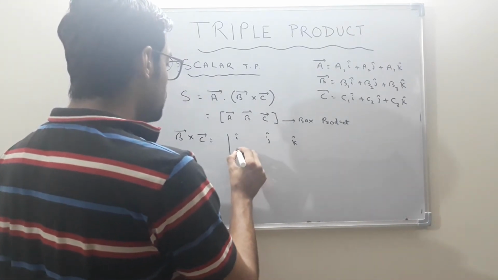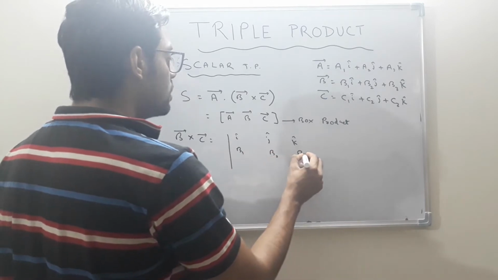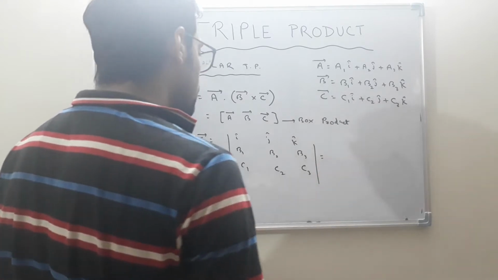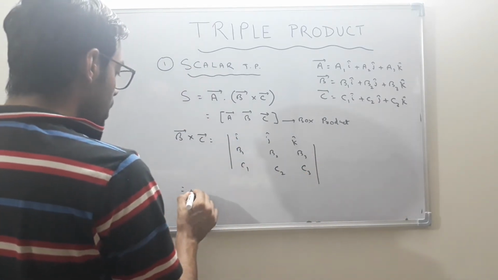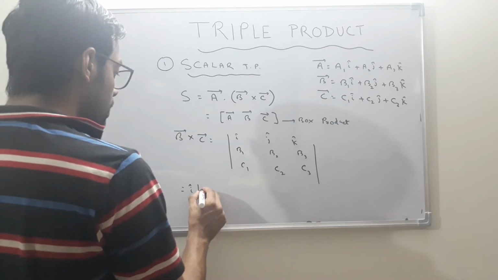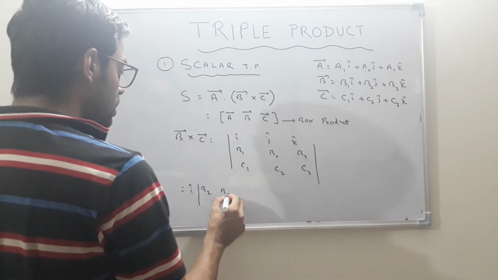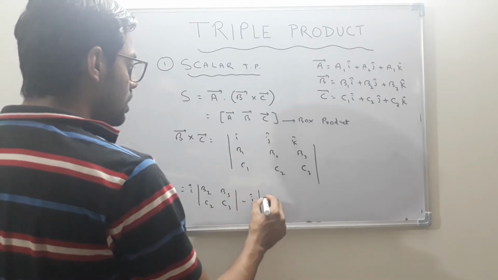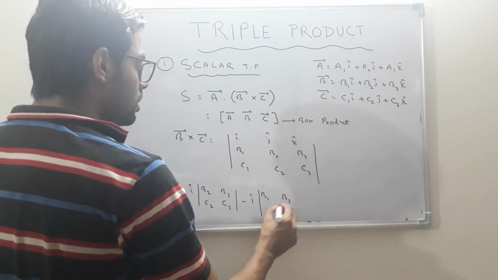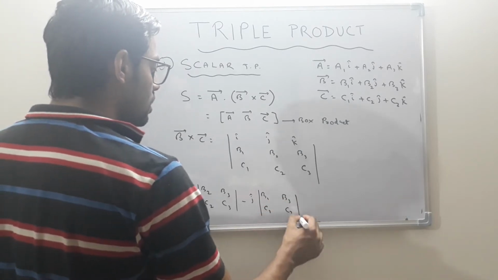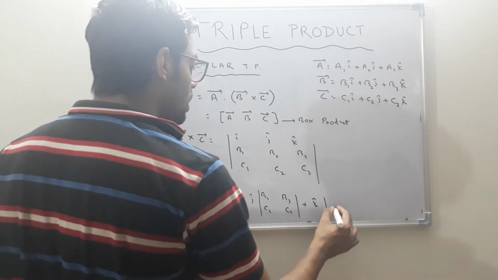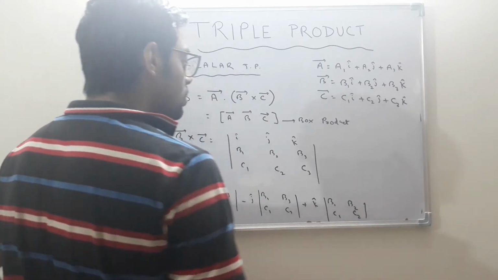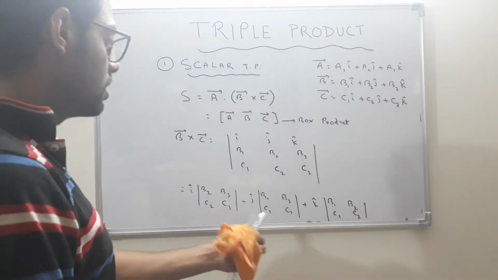It will finally give i hat times the determinant of b2, b3, c2, c3, minus j hat times the determinant of b1, b3, c1, c3, plus k hat times the determinant of b1, b2, c1, c2. So by using the determinant property we have written the cross product B cross C in this form.